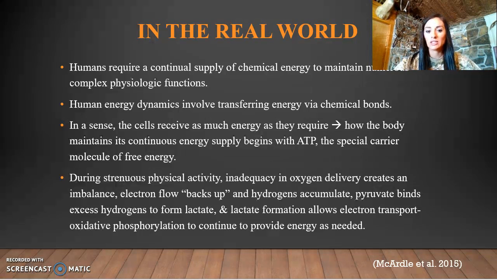During strenuous physical activity, inadequacy in oxygen delivery creates an imbalance. Electron flow backs up and hydrogens accumulate. Pyruvate binds excessive hydrogens to form lactate, and lactate formation allows electron transport oxidative phosphorylation to continue to provide energy to our bodies as needed.